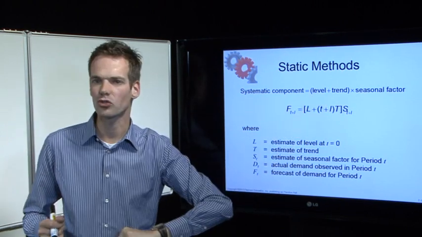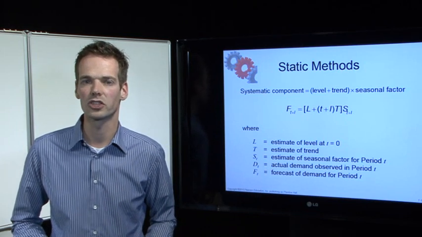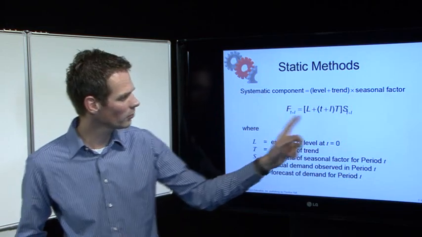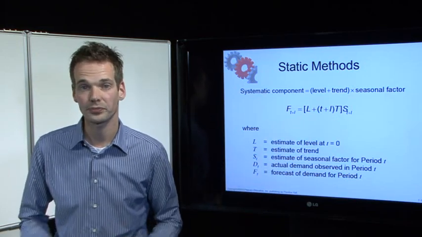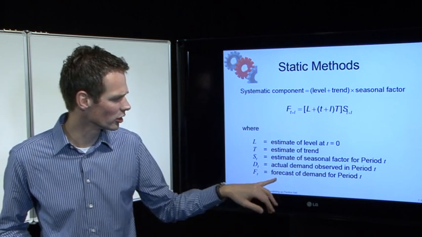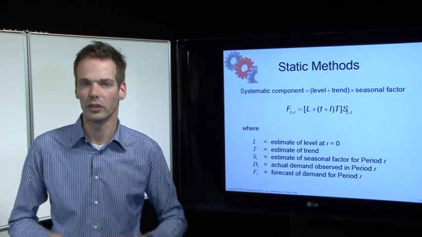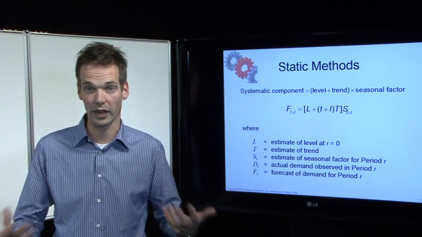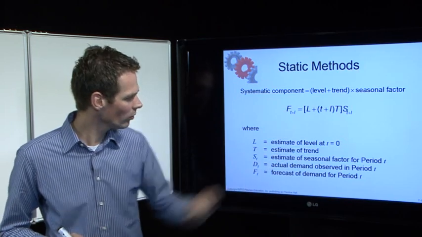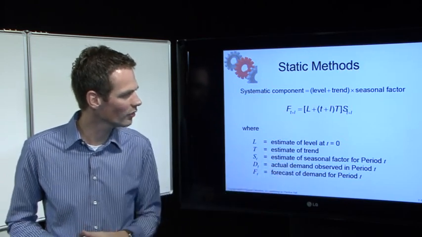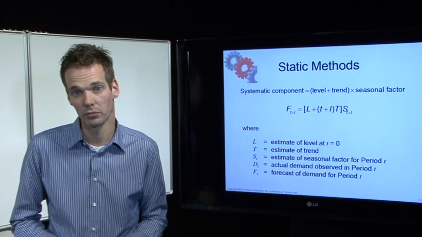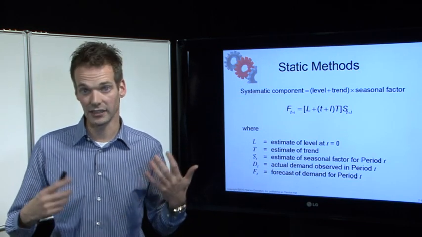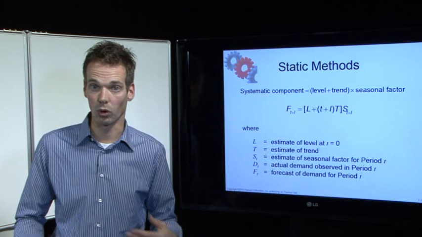Level plus trend times the seasonal factor. If we write that down in a formula, we come to this kind of formula. F is the forecast for period t, so period 1, 2, 3, 4, 5, 6 and so forth. L is the estimate of level at period 0. It can also be L1, L2, L3, then it is the level for period 1, 2, 3.